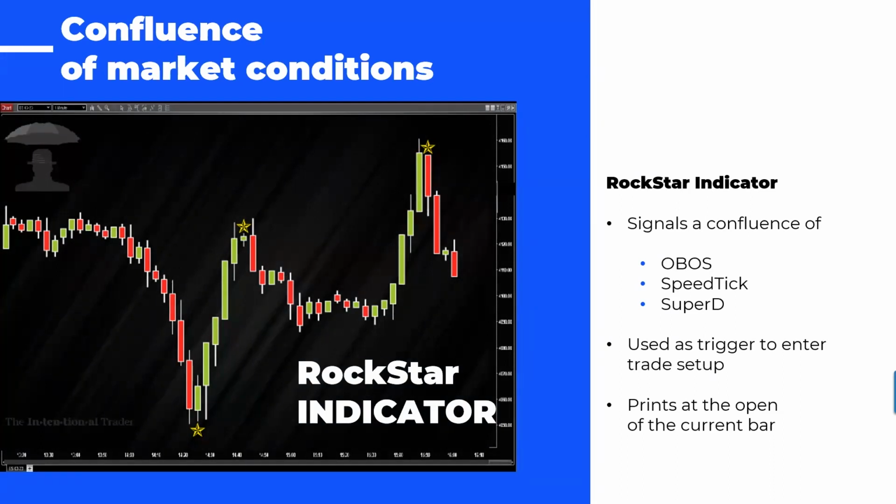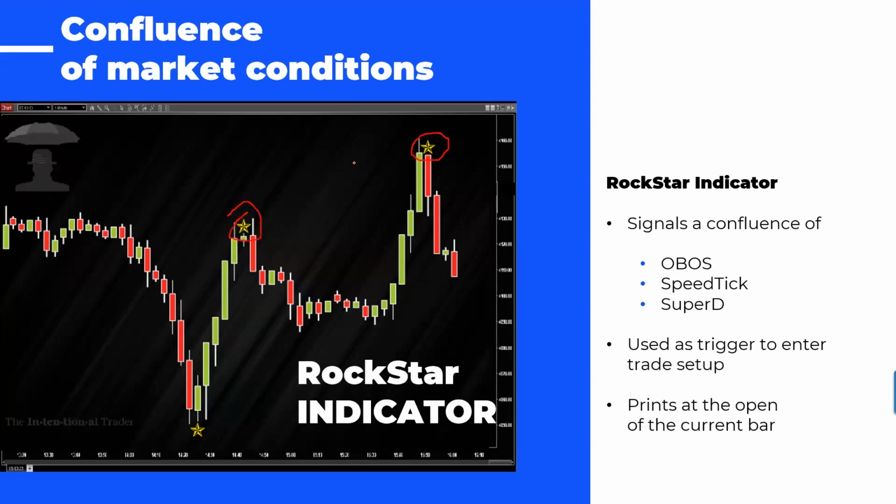This is a confluence of signals that we already have on the charts, but we can tune those signals inside the Rockstar to generate a signal on the chart. Okay. These are our triggers. This is a trigger to enter a trade.